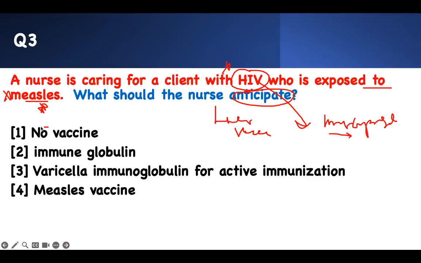Of course, we're not going to give them a vaccine, because he's already infected. We don't want the virus, whatever is causing the problem, to let them succumb to that. We're not going to give them a measles vaccine because it's a live vaccine.